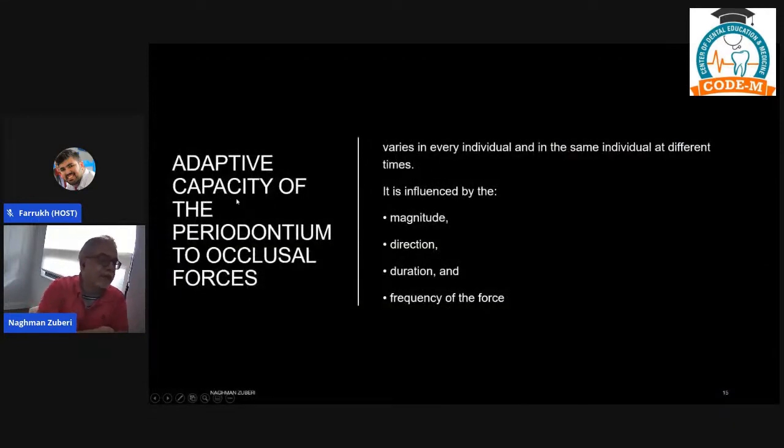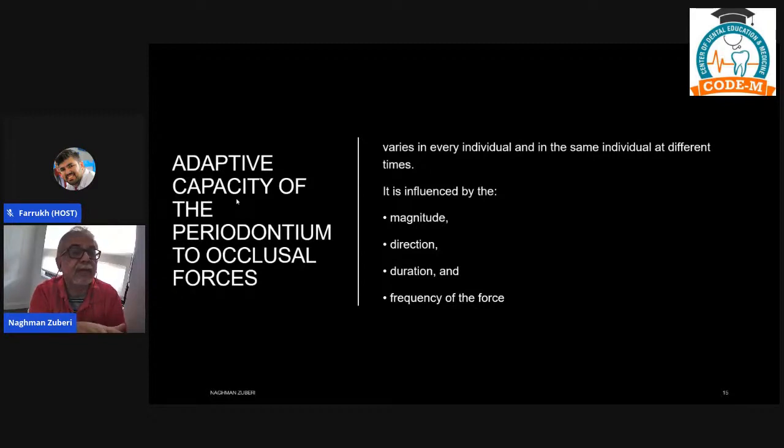The adaptive capacity of the periodontium to occlusal forces varies in every single individual, and even in the same individual at different times and at different sites. Like if there is occlusal trauma to a premolar on one side and the same type of trauma on the premolar on the other side, there will not be a similar type of destruction in both premolars.